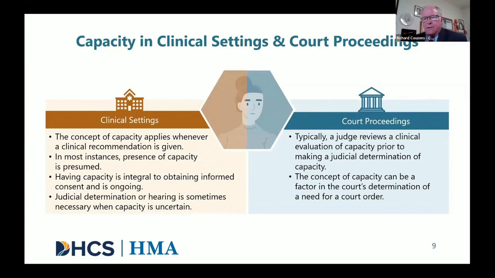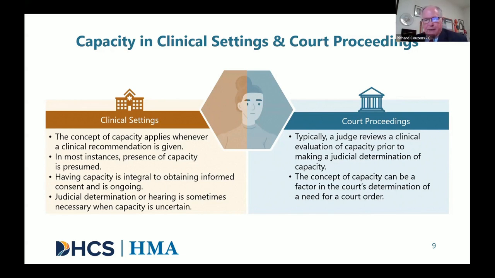So the law is very clear. While the clinical evaluator is very important in determining initially the problems with capacity, it ultimately takes a person like me wearing a black dress, a judge, to assess these factors and make a decision whether capacity actually exists.